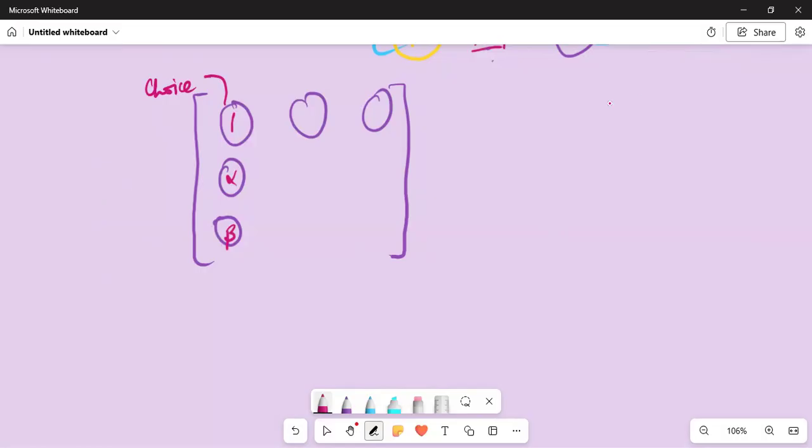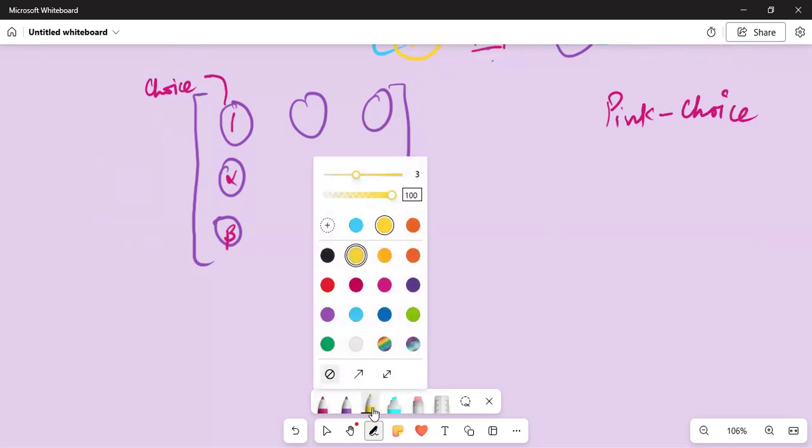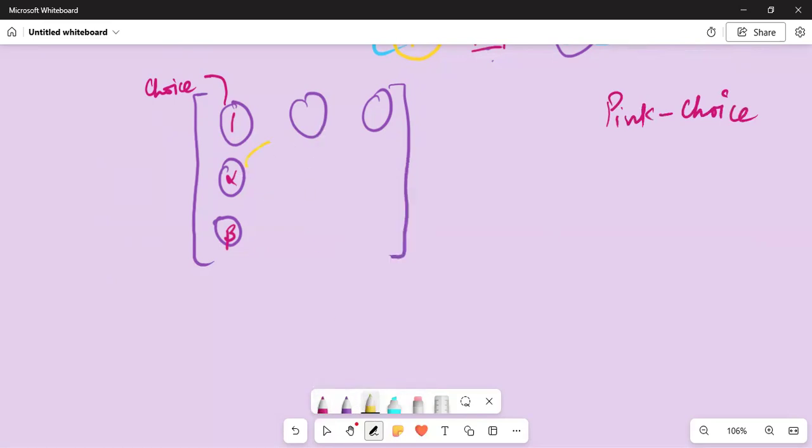Okay, so the pink shows your choice. This has to be equal because of symmetric matrix. This has to be the same. So this is not your choice. This is bound to be like that. It has to be because these elements are governing these elements. Okay. Now what about the other 4 elements?